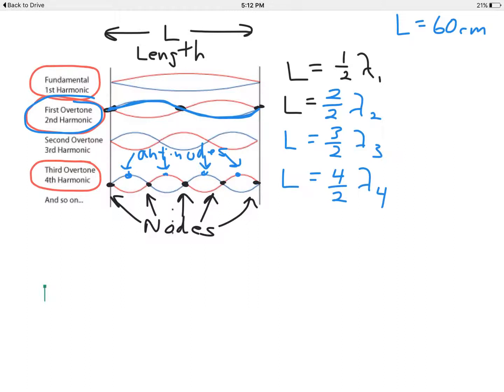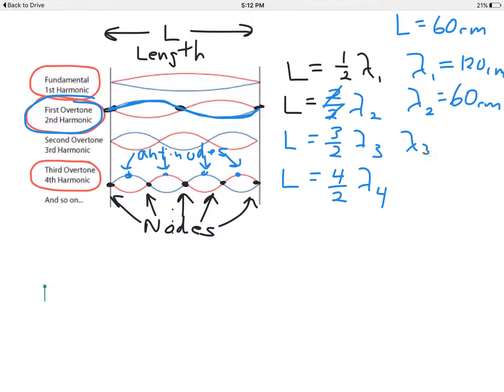In this first case here, lambda 1, if you plugged in 60 for L, you multiply both sides by 2, you get 120 centimeters for the first wavelength. In the second case, 2/2 is 1, so that would basically cancel out. And L is wavelength 2. In other words, wavelength 2 is equal to L, so lambda 2 will be 60 centimeters. It's a smaller wavelength, half the wavelength.